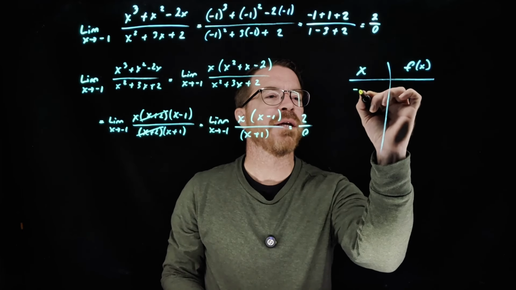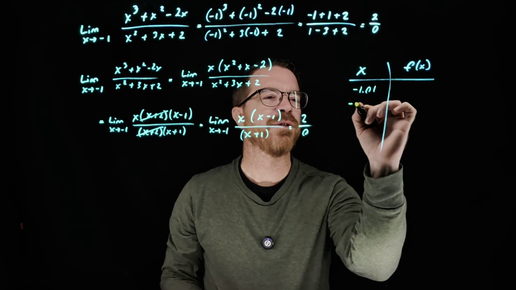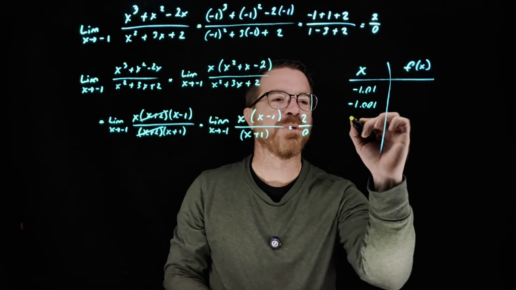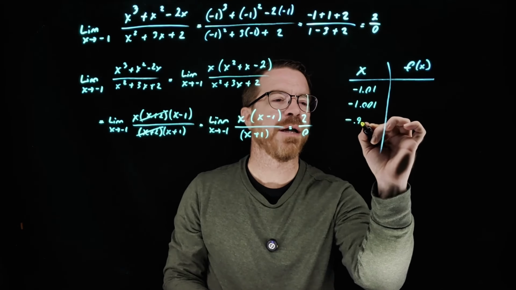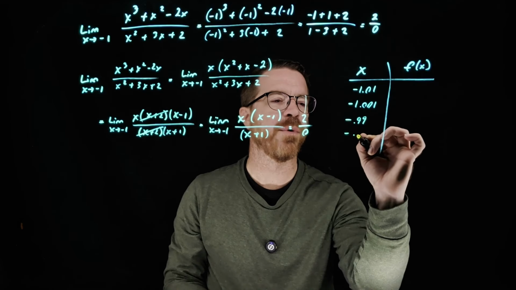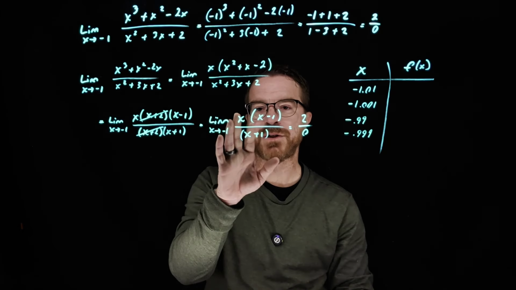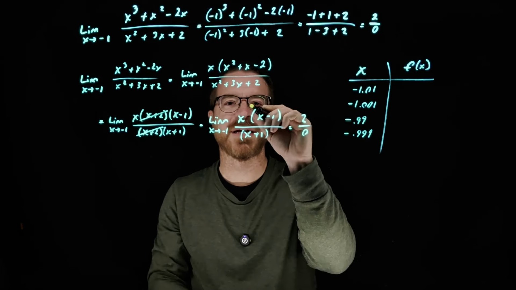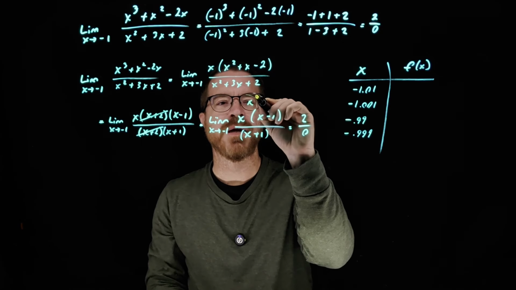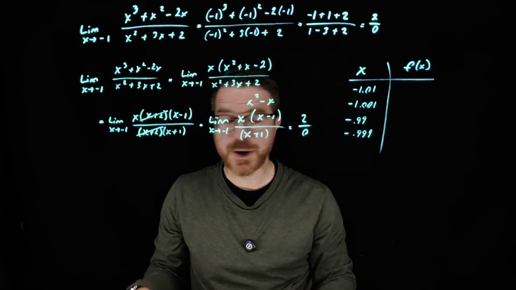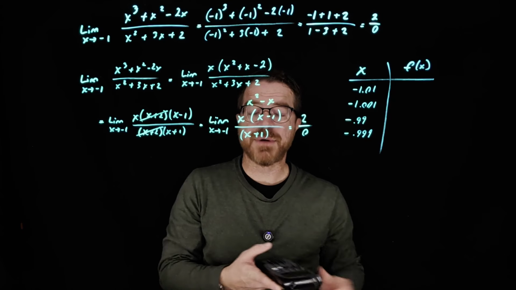I'm going to pick negative 1.01, and I'll do negative 1.001. And then we'll look from the right, and we'll do negative 0.99 and negative 0.999. And we'll see what values we get when we plug them in. I'm going to rewrite this real quick. This is actually going to be easier if I do x squared minus x. I'll probably do it that way. Okay, so let's see what happens when I do that.